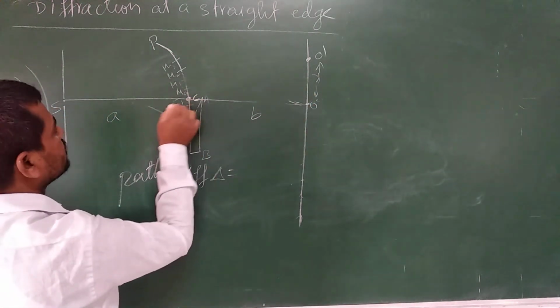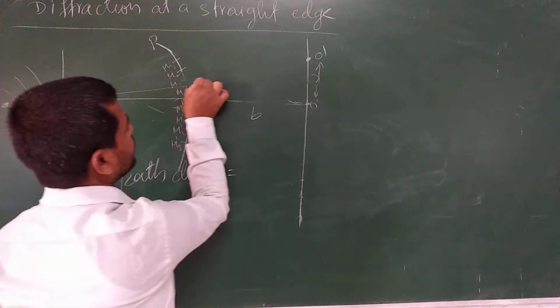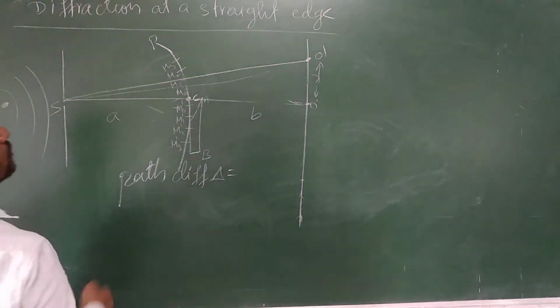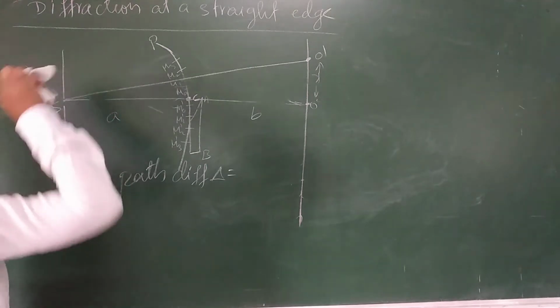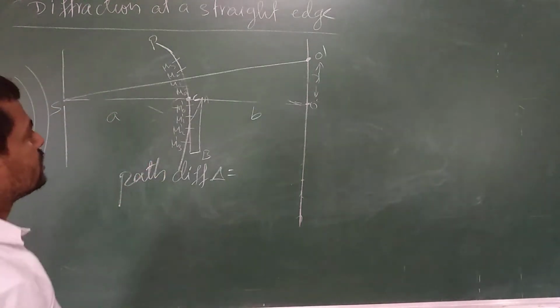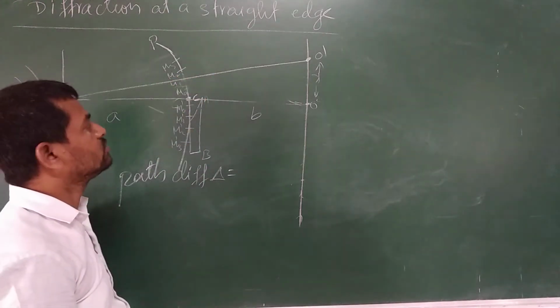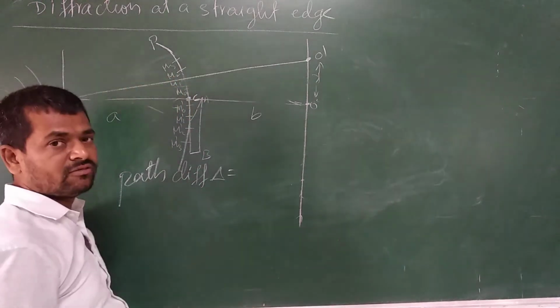Let it be a C point, and suppose the light is common light. Let me draw one line. So that means in between these two lines there are a few zones, two zones. That is the M0 zone and M1 zone.